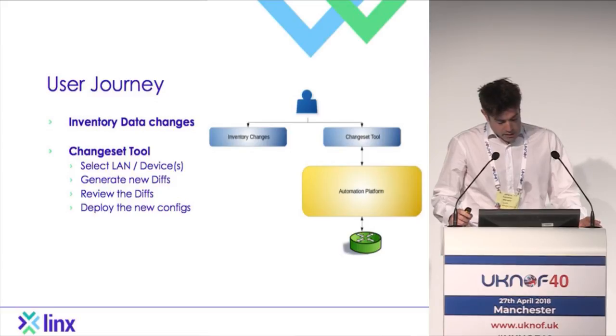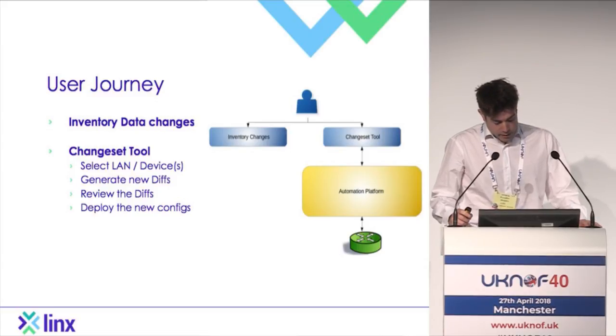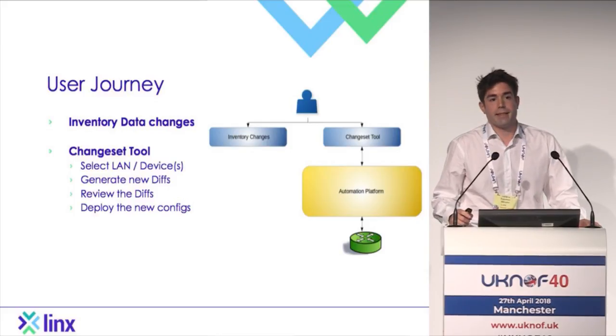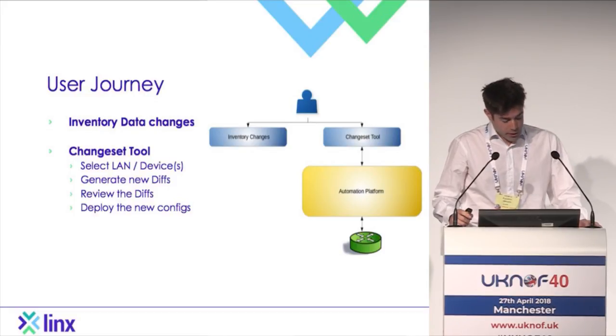They just need to open it, select the LAN and the switch or switches that they want to apply the change to, and then generate a diff between the selected devices' running configuration and the respective new candidate configuration generated by the platform based on the data retrieved from the inventory.